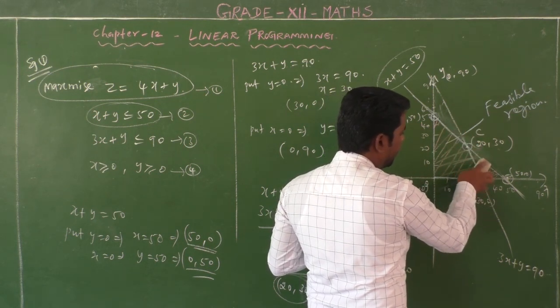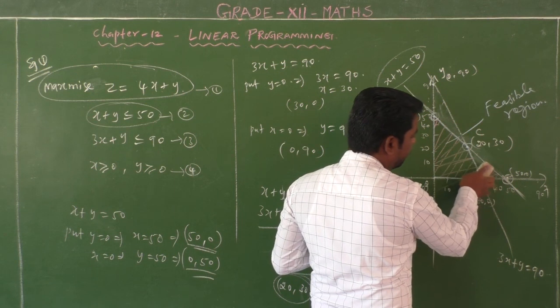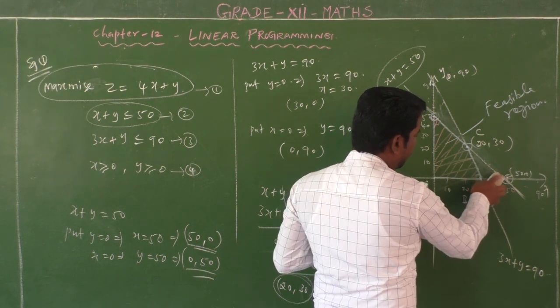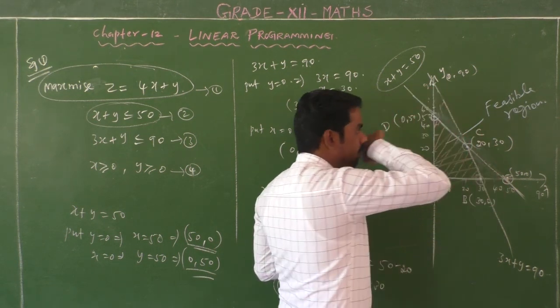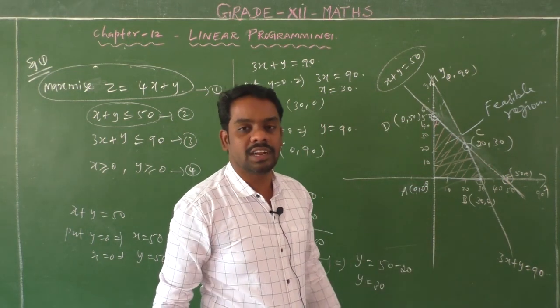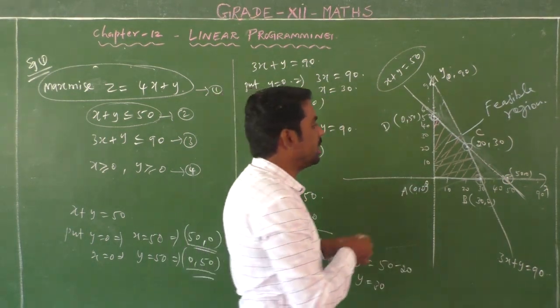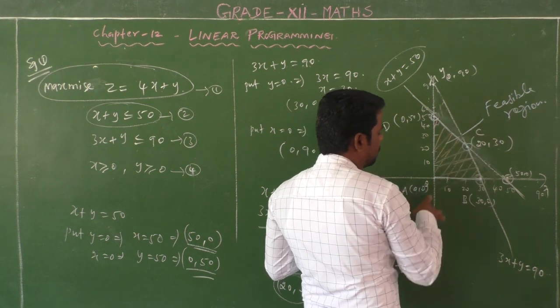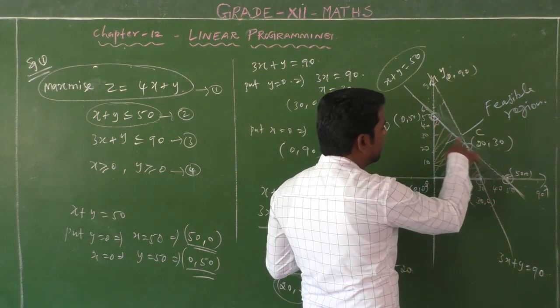The common area, the intersection of the two regions, x plus y less than or equal to 50 and 3x plus y less than or equal to 90, is the feasible region. So A, B, C, D.